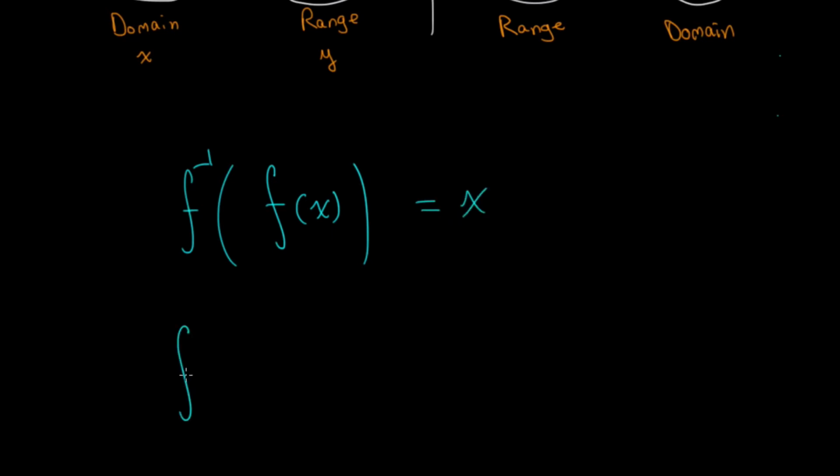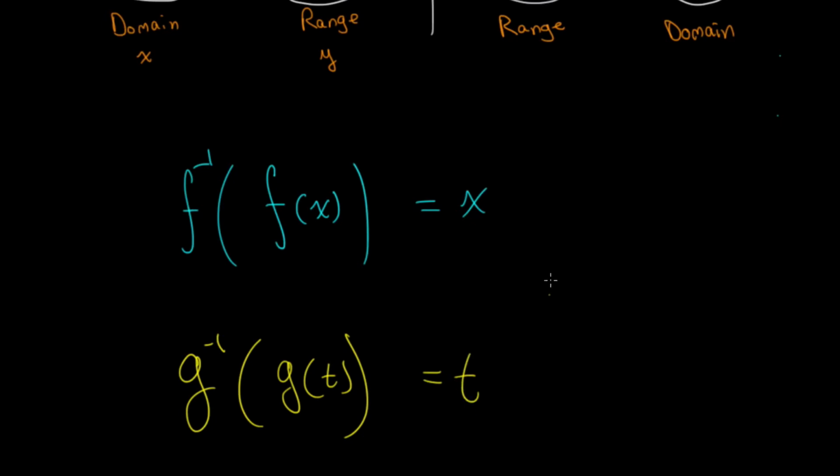Okay, so let's change it up. If we have g inverse of g of t, that would produce the argument t, whatever that is. If it's a number, like for example, h inverse of h of 2, it would produce the argument 2.